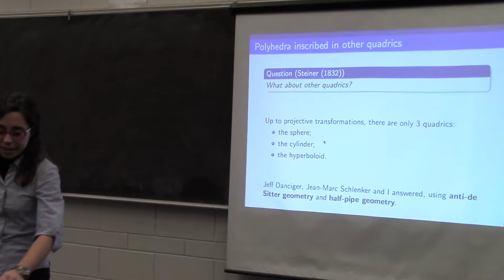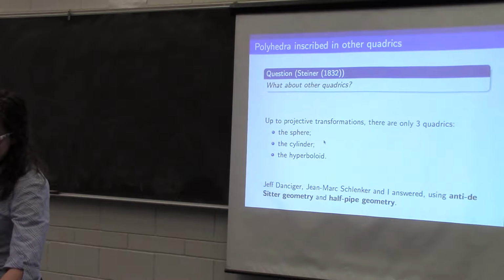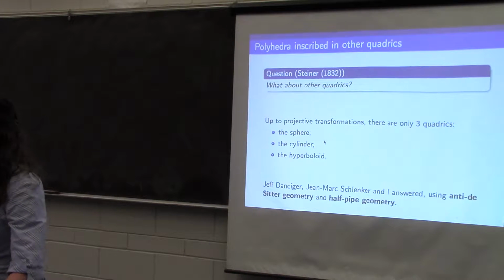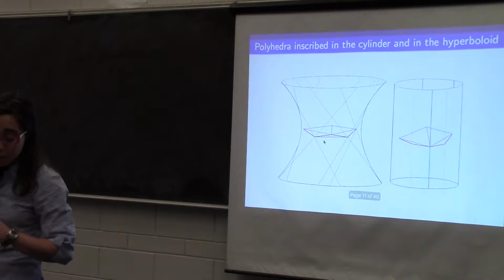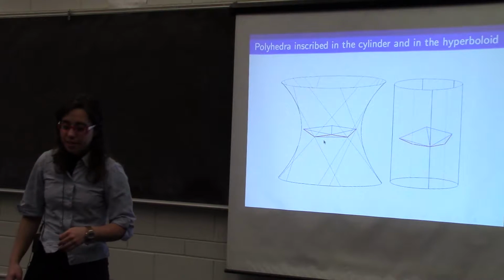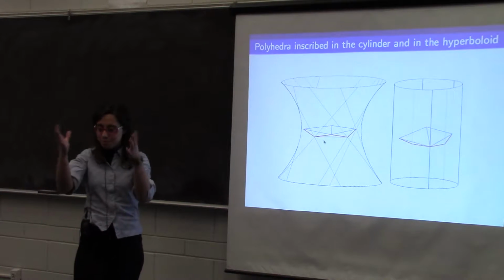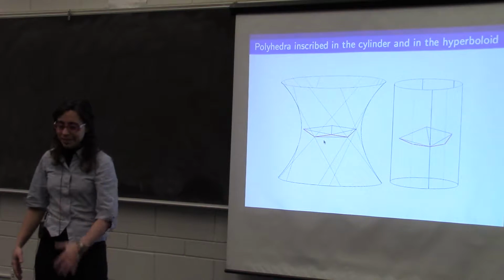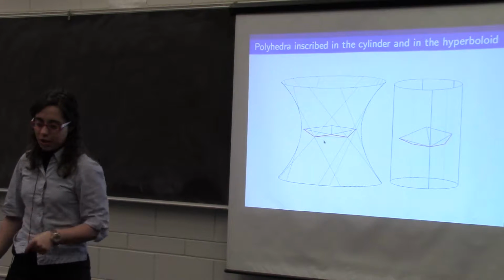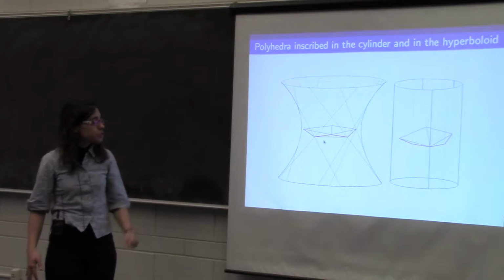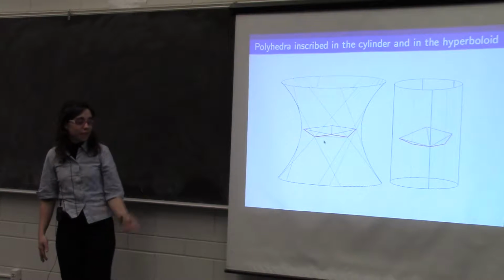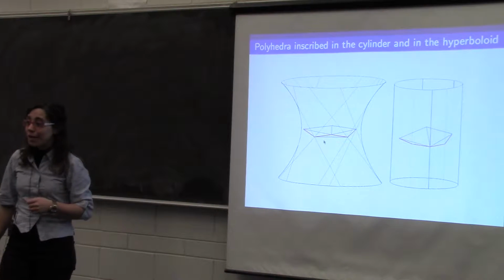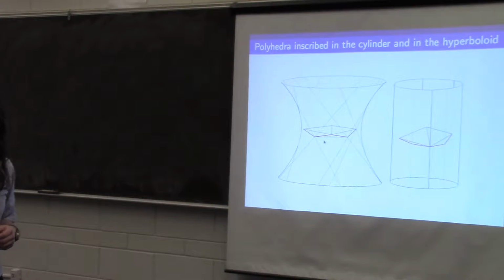I will also tell you about another problem that we were looking at and why we ended up answering this question instead. These are just some examples of polyhedra inscribed in those quadrics. They look a bit funny because there are two different colors in the graph, and you will see the different roles of the red and the blue edges.